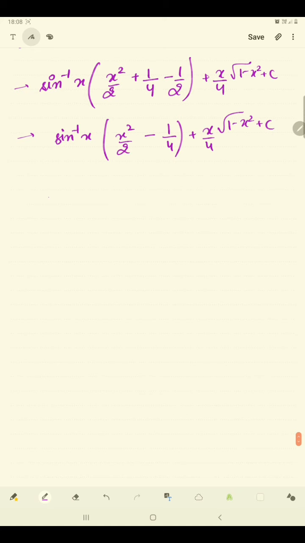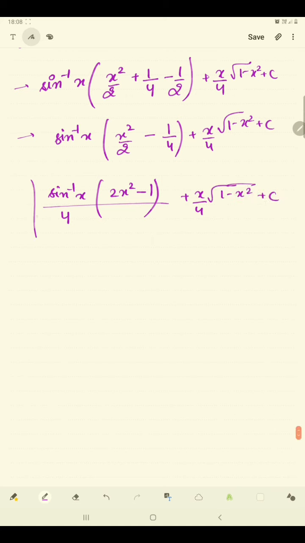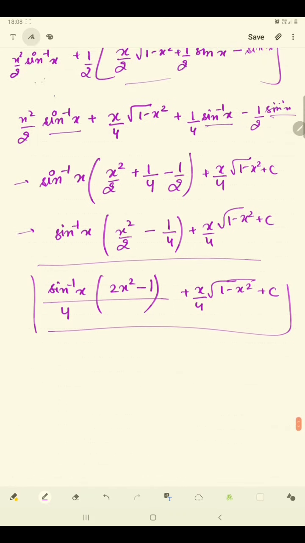Now just a bit further solving, we have sine inverse x times 2x square minus 1 upon 4 plus x by 4 root 1 minus x square plus c. So this is the final answer of our sixth part.